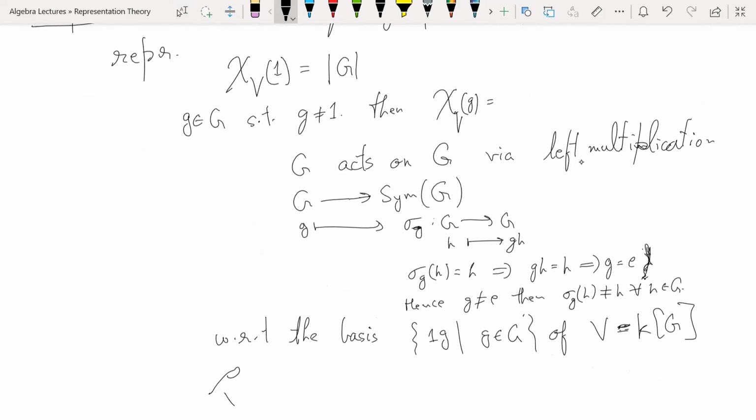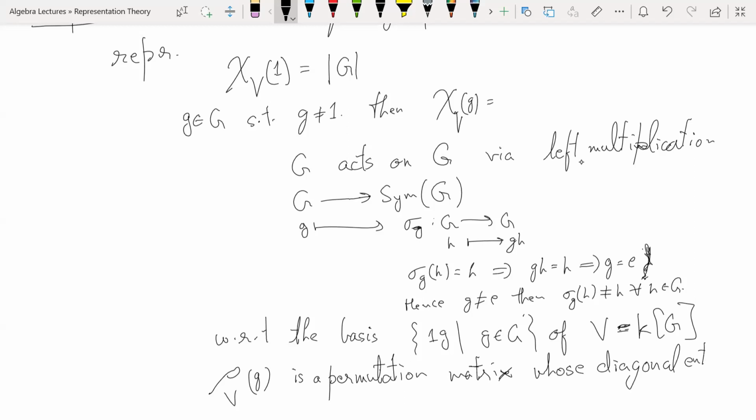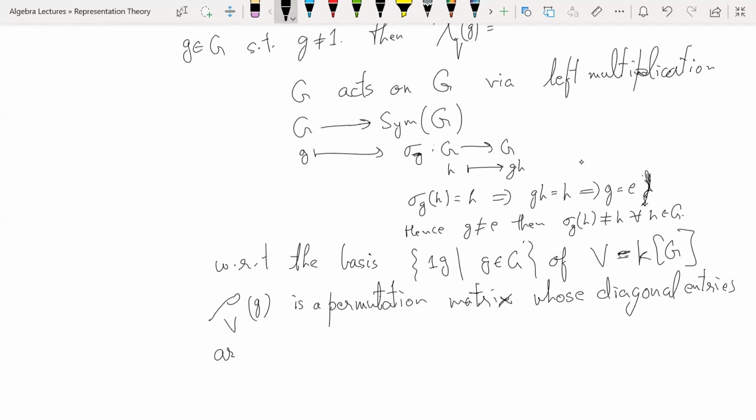Rho V of G is a permutation matrix whose diagonal entries are 0.